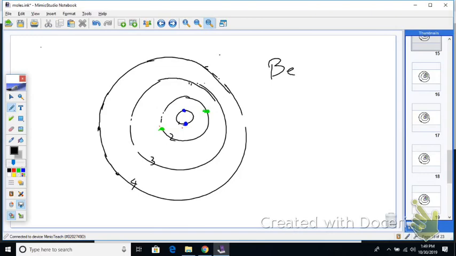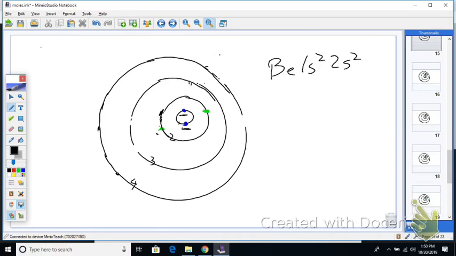Beryllium. These two right here represent electrons in the 1s2. The first shell can only hold 2 electrons. It is full. The second shell here can hold S's and P's, so they can hold 8.